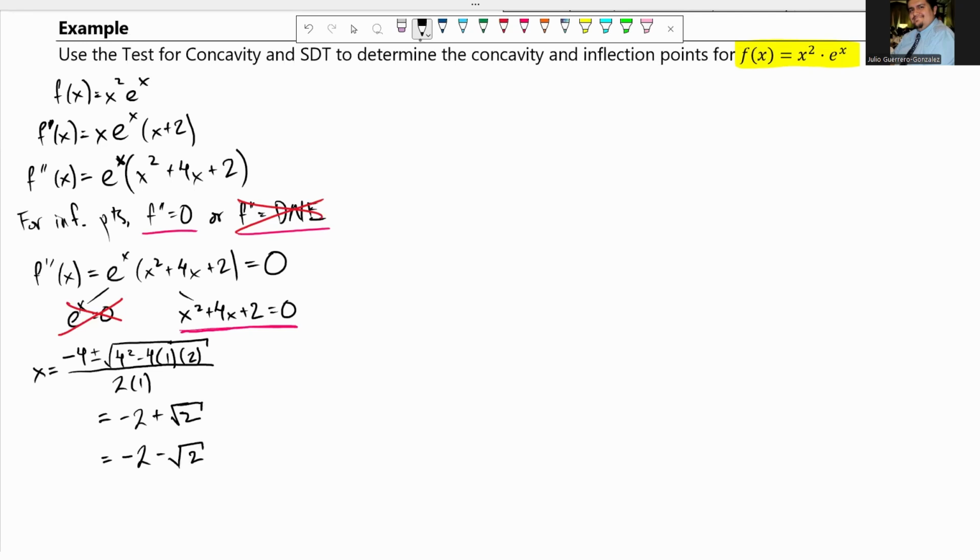Now, these are the nice versions of both of those values if you solve for the positive and the negative. I'm also going to give you the numerical values for each one. The first one is negative 0.585, and the second one is negative 3.414.